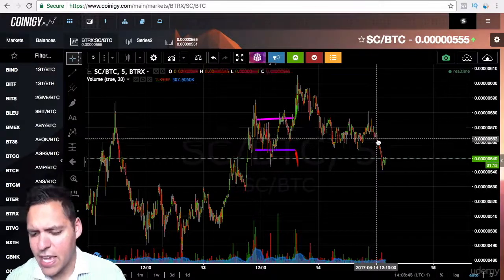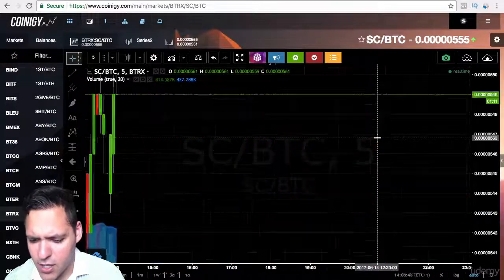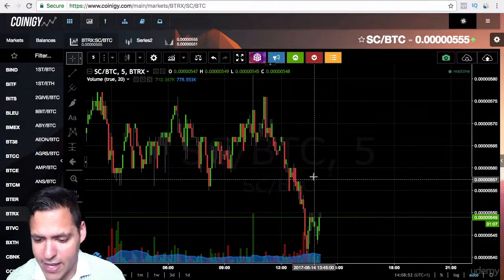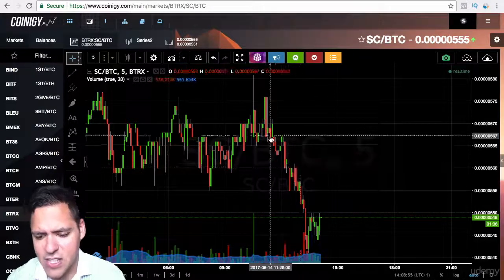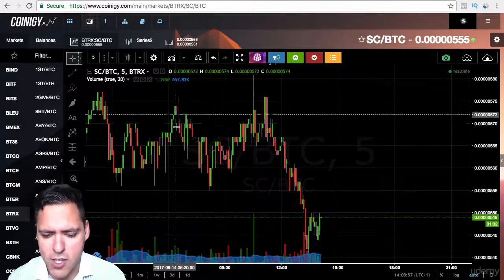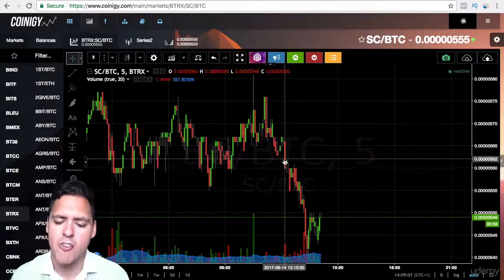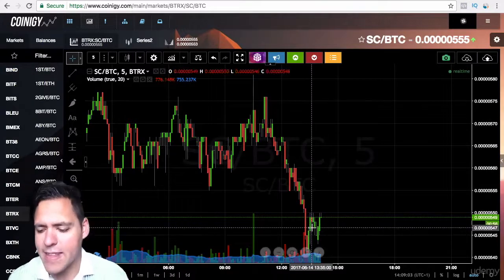If we take a zoomed in look, you can see that seller resistance, there's an awful lot of red here. You can see that seller resistance has broken down the buyer support. The buyers were trying to keep it up, and then eventually they fell under the weight of the seller resistance, and so the price went right down.